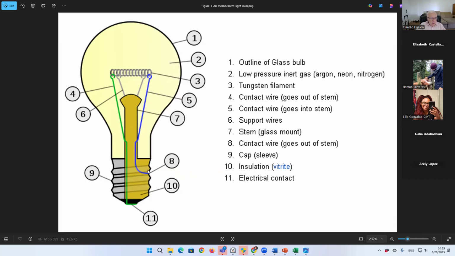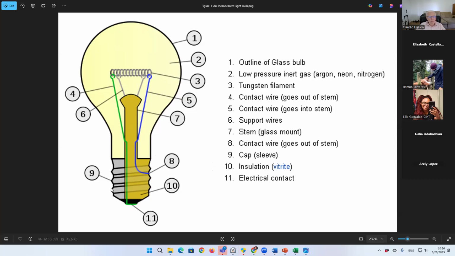So this thing is made of metal to conduct electricity, but this tip that you see right here is also made of metal. But you have to insulate this tip from this other region of the light bulb so that you don't have any short circuit. That's why you have this insulation device separating the tip from the body, the screw of the light bulb.